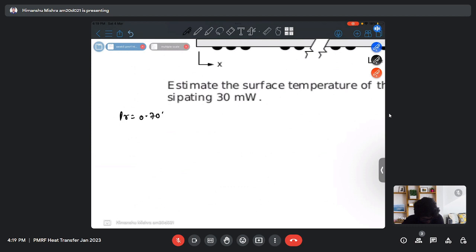So the Prandtl number of it is 0.703 and the thermal conductivity is 26.9 × 10^-3.